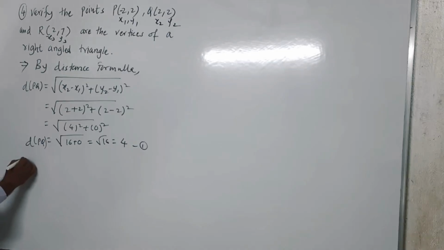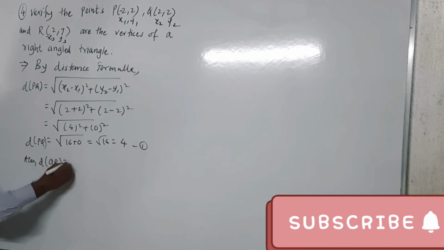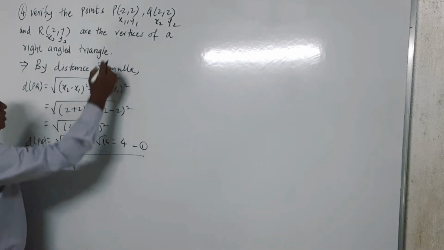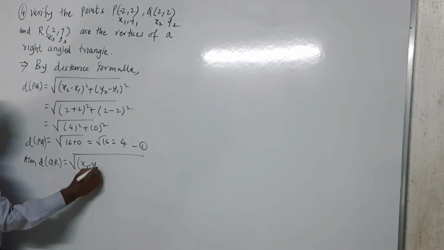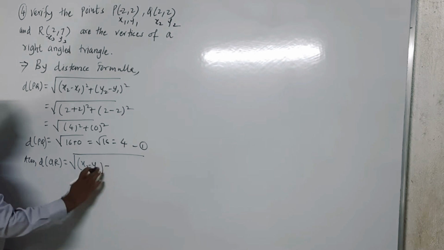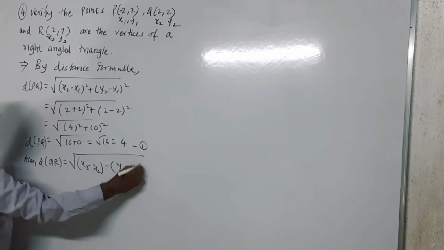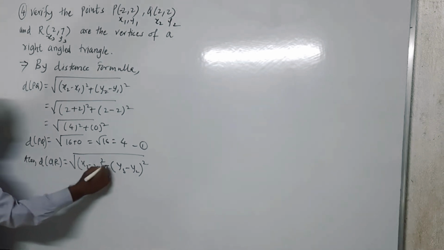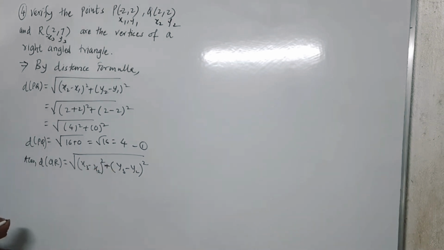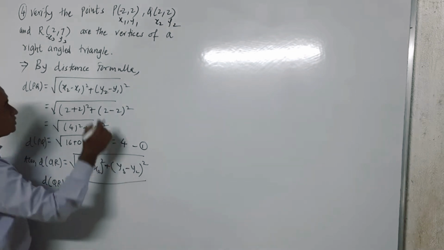Now, also by the distance formula, distance QR is equal to square root of (x3 minus x2) square plus (y3 minus y2) square, for the coordinates (x2, y2) and (x3, y3).